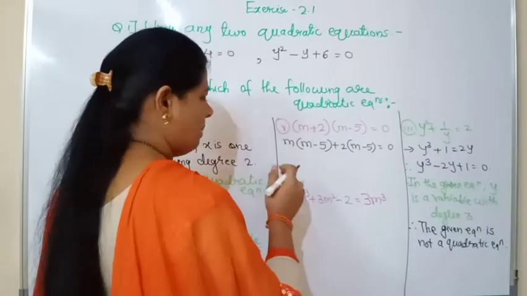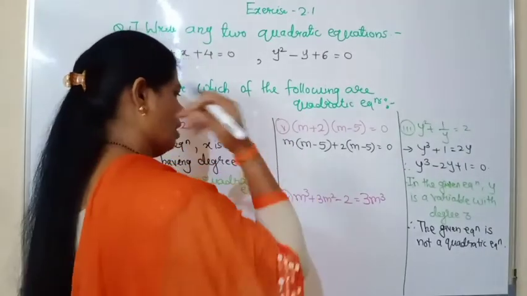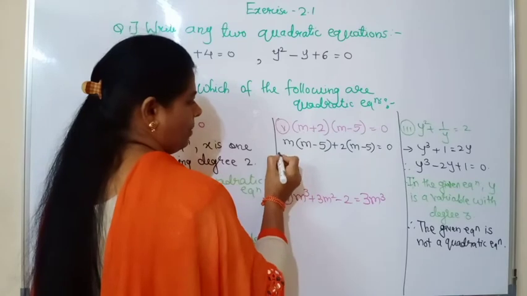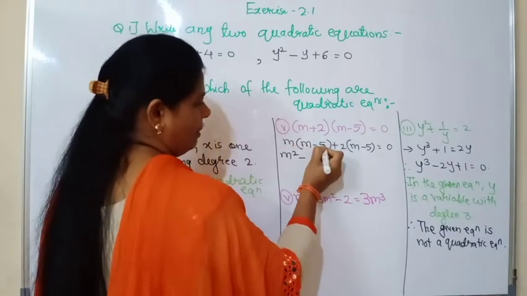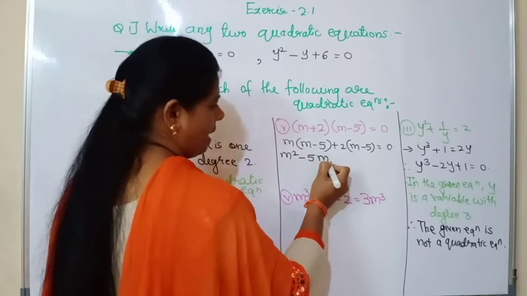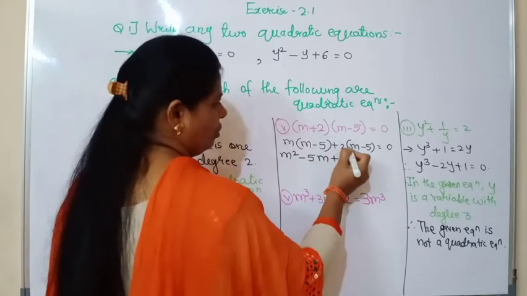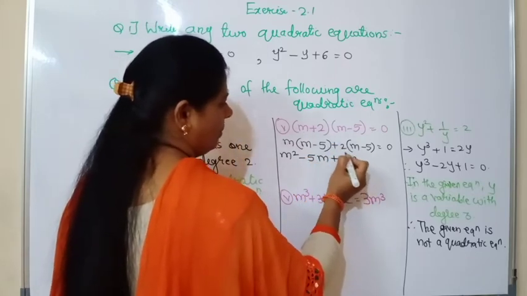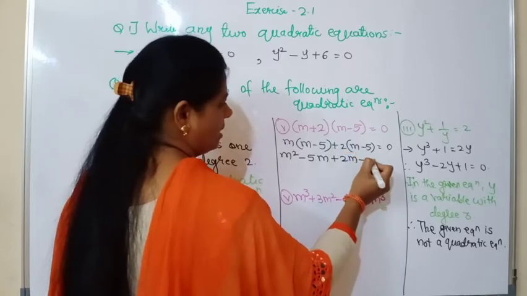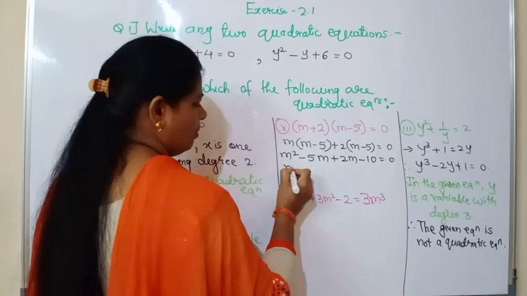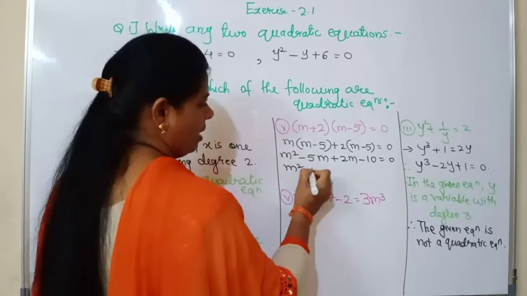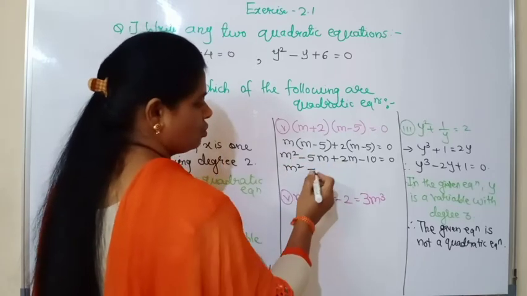Now I will remove the bracket. Okay, so m into m will be m square, minus m into 5 is 5m, plus 2 into m is 2m, plus 2 into minus 5 is minus 10. Okay, so here what we are able to see, that is m square minus 5m plus 2m.